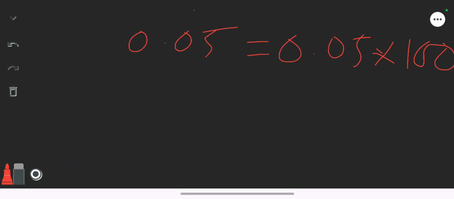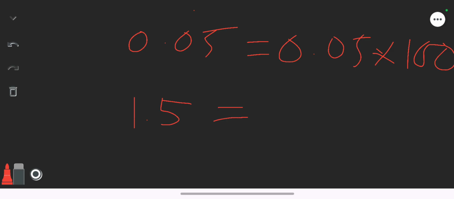Okay, let's look at the final example. We have, let's say, 1.5 as our decimal. So again, the rule says we are going to multiply the decimal by 100 to get the percentage.